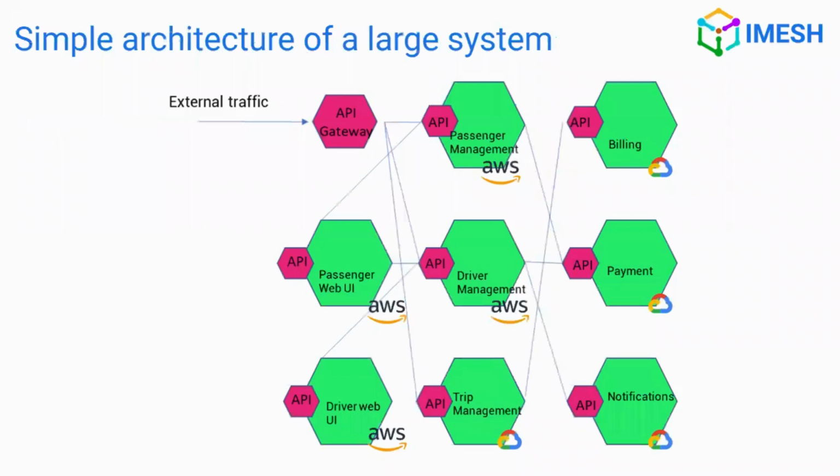However, as the company grows and the number of services increases, they begin to encounter problems with service to service communication. Each service needs to know the location and the availability of the other services it communicates with, right? And it needs to handle issues such as load balancing, service discovery, etc. And obviously, it needs to do retries on its own.